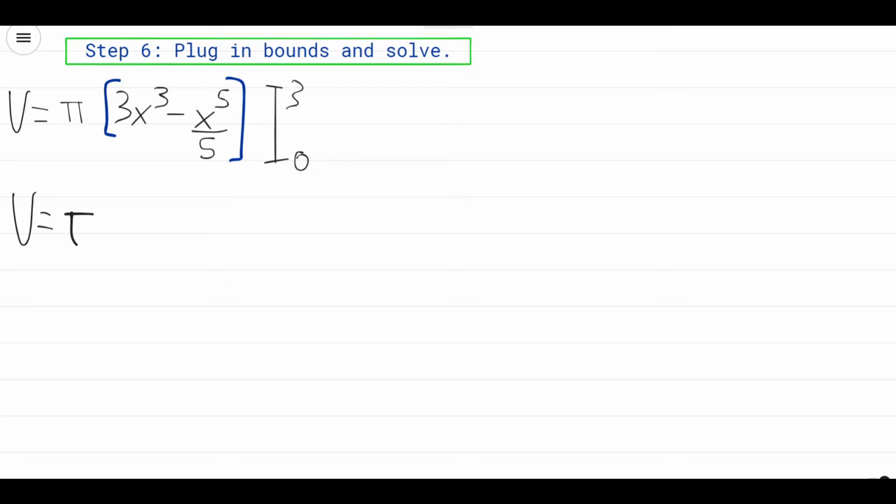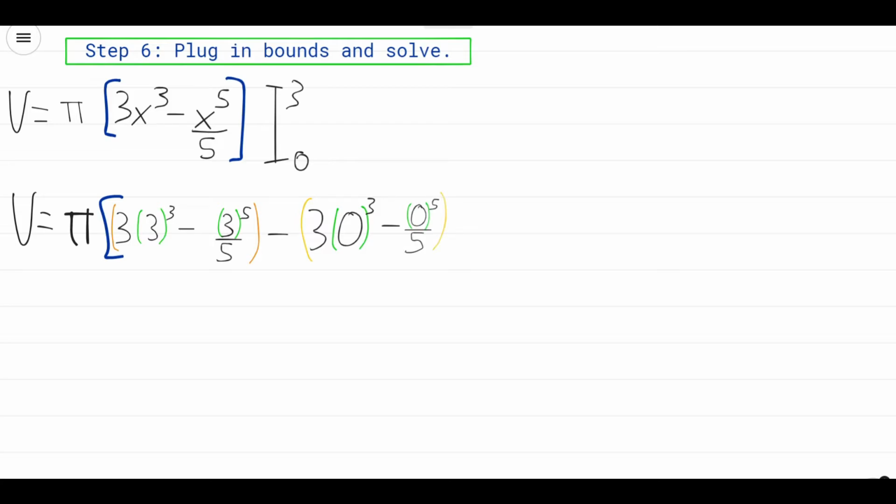So we're going to go ahead and plug in the bounds: 3 times 3 cubed minus 3 to the 5th power over 5, minus, in parentheses, 3 times 0 cubed minus 0 to the 5th power over 5. And it's very important to use parentheses, because it prevents a lot of error. So what we know is that these terms will zero each other out.